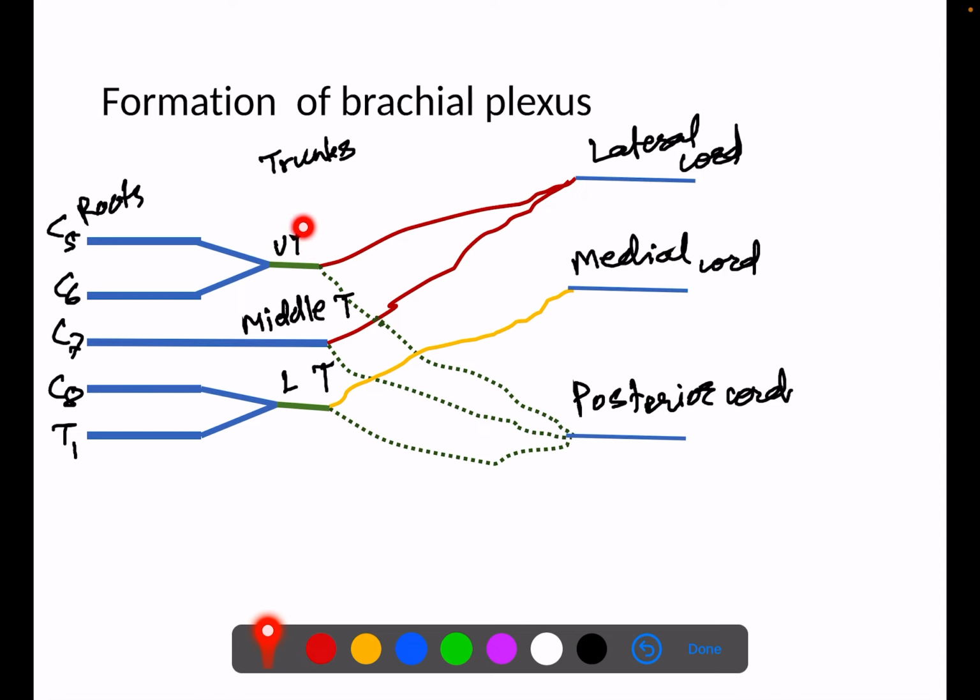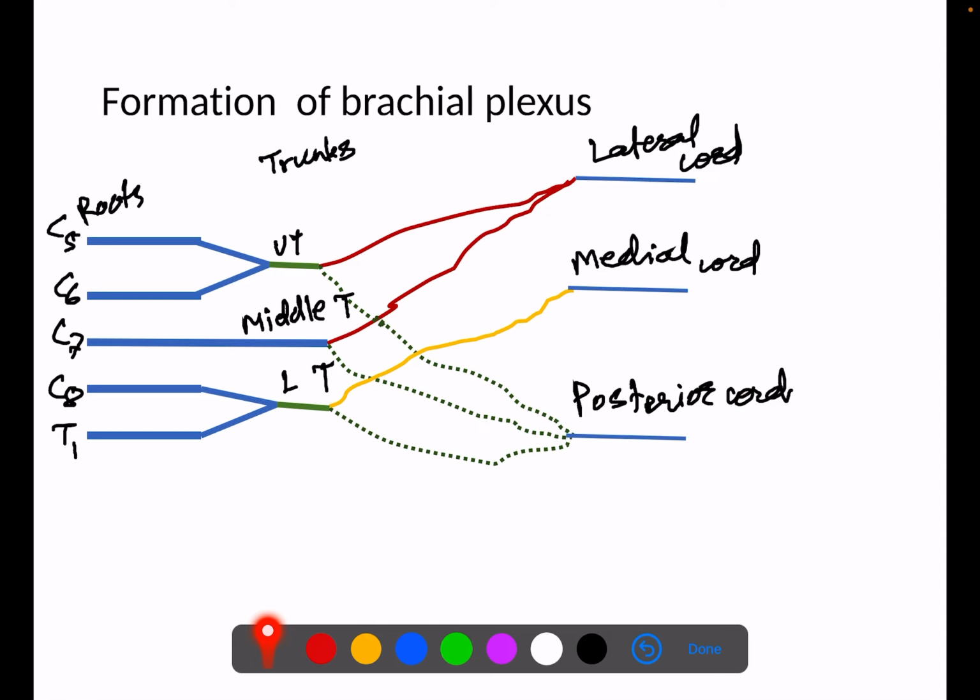The anterior divisions of the upper and middle trunk join to form the lateral cord. The anterior division of the lower trunk continues as the medial cord. The posterior divisions of the upper, middle and lower trunk join to form the posterior cord. Right, so this is the formation.